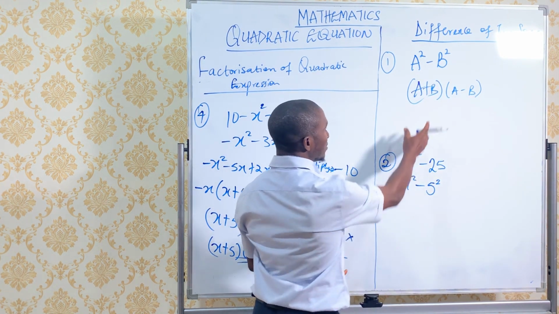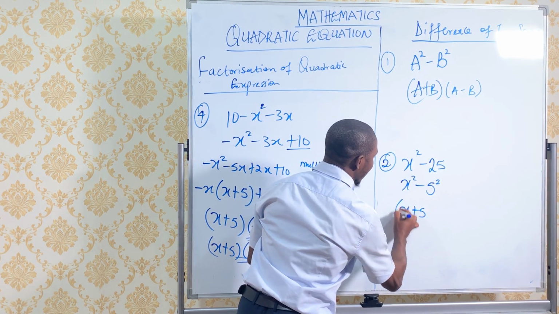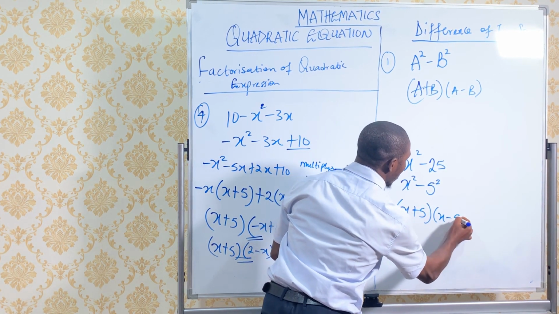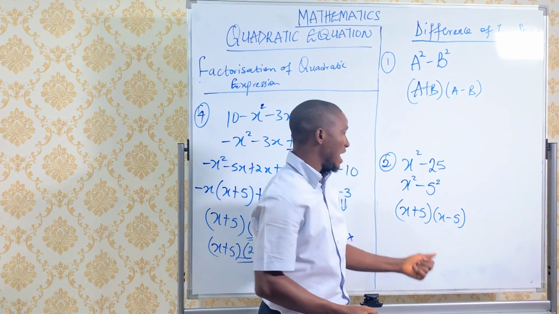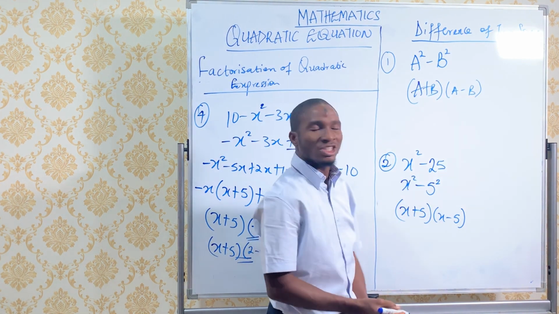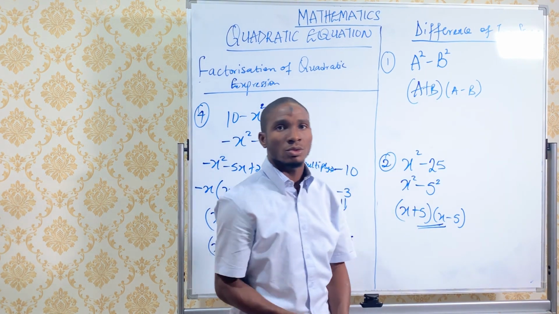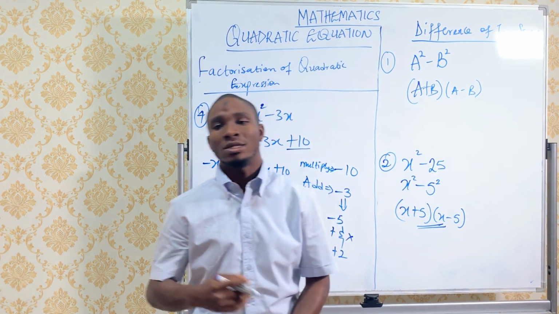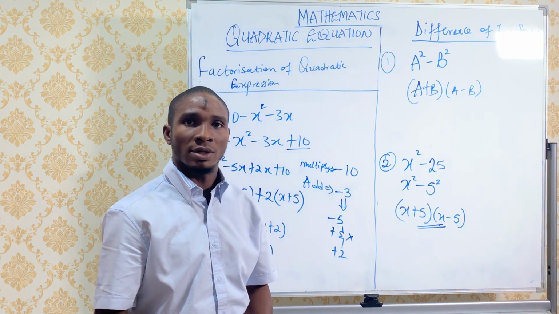It means, following this expansion, this is going to become x plus 5 and x minus 5. So this is the factorization of x squared minus 25. That's what we call difference of two squares. In our subsequent class, we'll be looking at other examples on difference of two squares. Thank you.